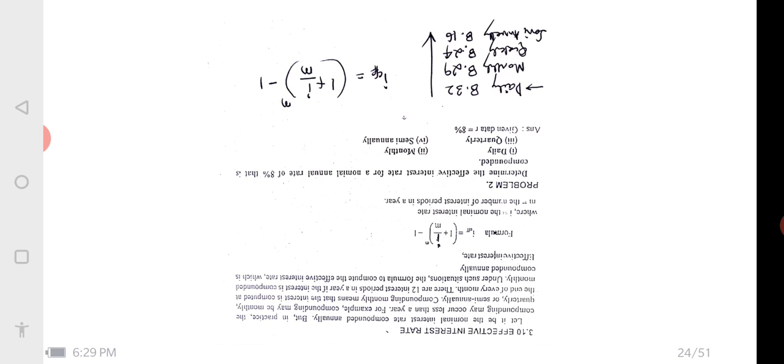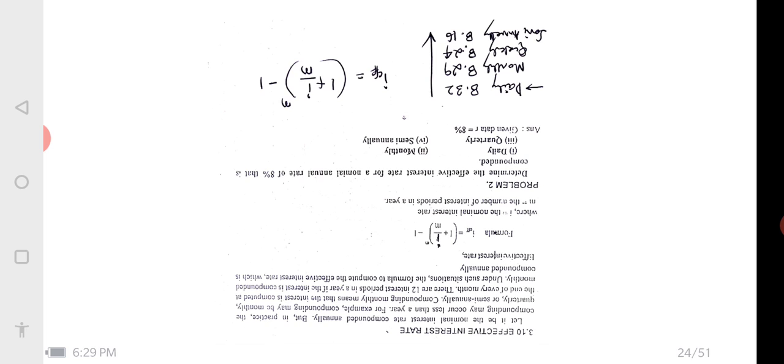If there is an 8% interest, but the interest calculation is daily, monthly, quarterly, semi-annually or annually, I'll tell you very simply. Again, I effective is equal to (1 + i/m)^m - 1. Let us calculate at 8% interest rate.